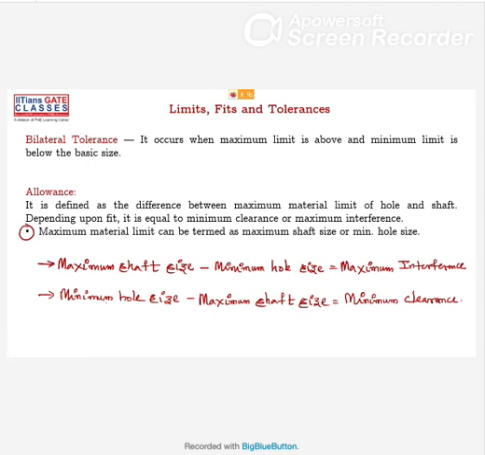So that's the reason why allowance is equal to minimum clearance or maximum interference. This clearance and interference will come from clearance fit and interference fit. We haven't discussed that, so don't worry. I'm writing these points, and we'll come back and discuss this again.